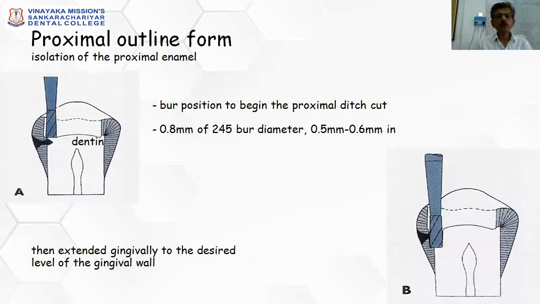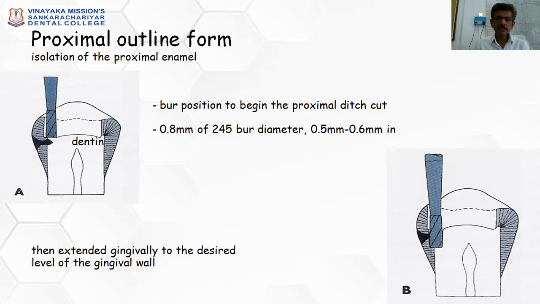Now, coming to the proximal outline form. Again, isolation of the proximal enamel is quite essential. The bur is positioned to begin at the proximal ditch cut, 0.8 millimeters of a 245 bur diameter, that is 0.5 to 0.6 inches.